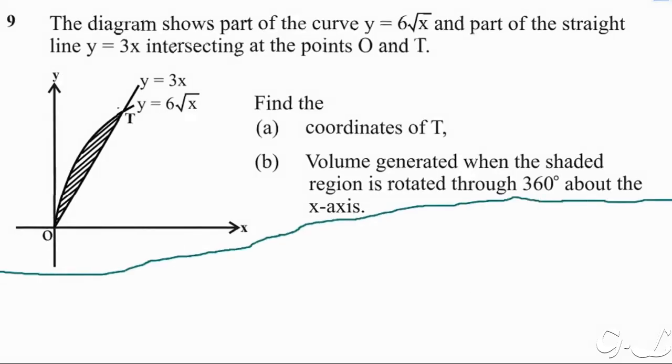The point, as seen on the diagram, is where the line y is equal to 3x and the curve y is equal to 6 square root of x intersect. It can be at O and at T. That is where those two lines intersect.